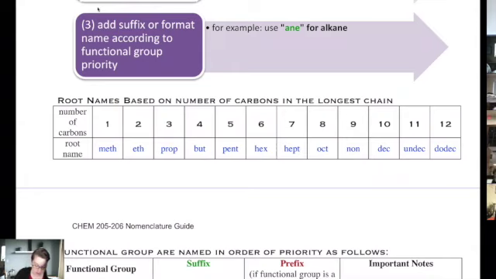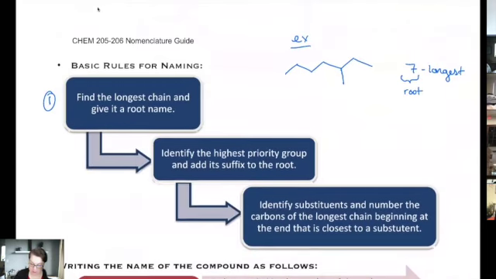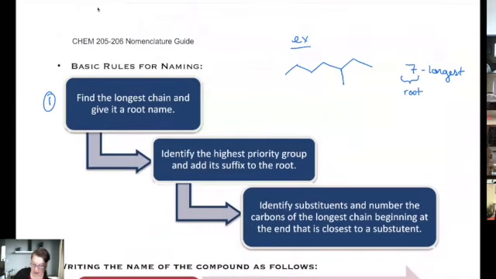So that means we are going to be down here. The root of our name is going to be hept. Okay. Everybody with me so far? Okay, so I'm going to go back up to my example here, and the root is going to be hept. Okay, now that's the root.